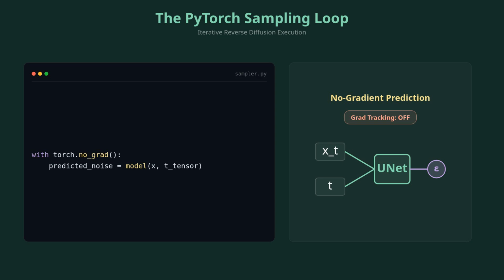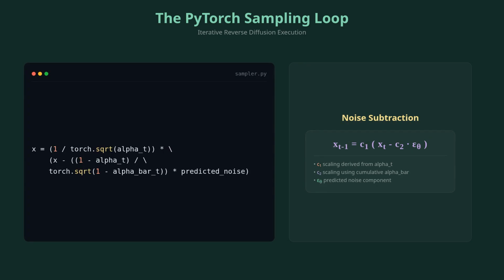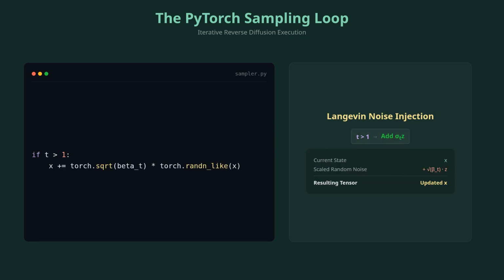In each iteration, we disable gradient calculations to conserve memory and pass the current noisy tensor along with the single integer time step into our trained U-Net model. The model outputs its prediction of the noise, which we subtract from our current tensor using the closed-form scaling parameters. If the time step is greater than 1, we inject a controlled amount of random noise back in before continuing the loop.